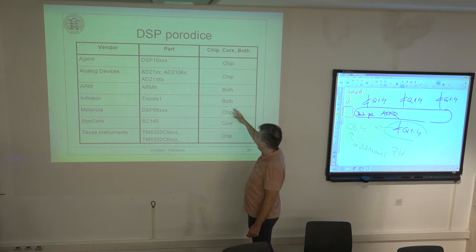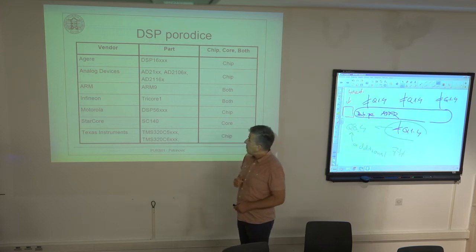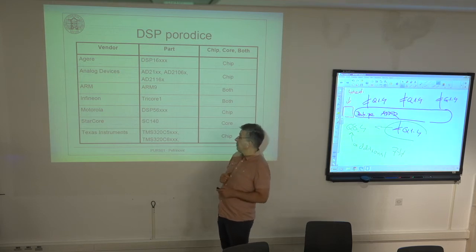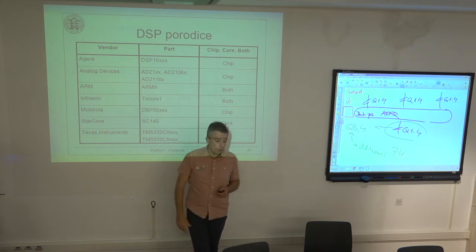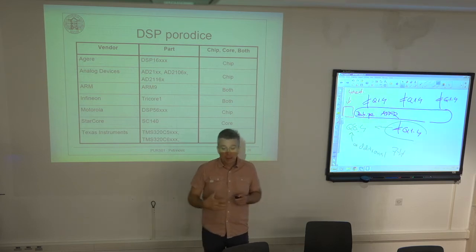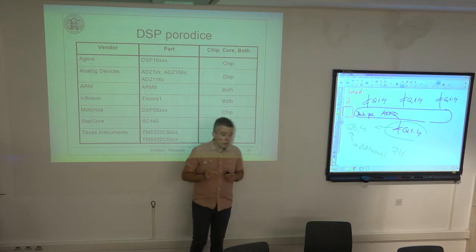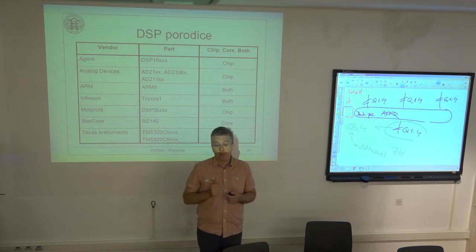The companies mentioned here are this Agere, the same AT&T company but with a changed name, Analog Devices that we will be using for our laboratory exercises. Also ARM in the version of ARM9 CPU, in this ARM9 family, they also have integrated the DSP execution units and the corresponding instructions into the instruction set to be able to perform DSP-like functionality.